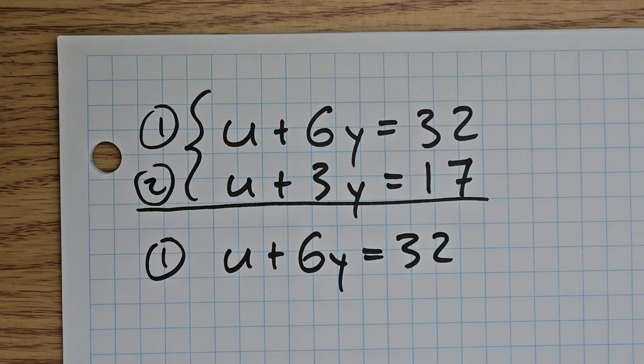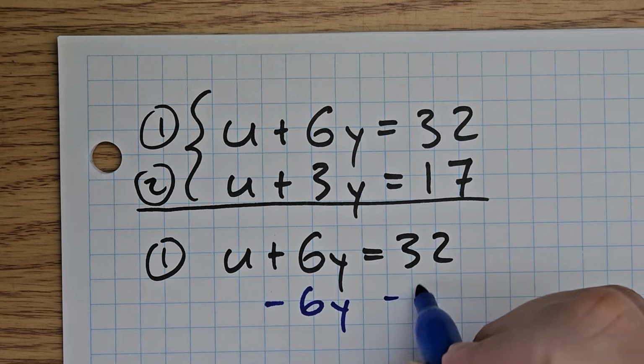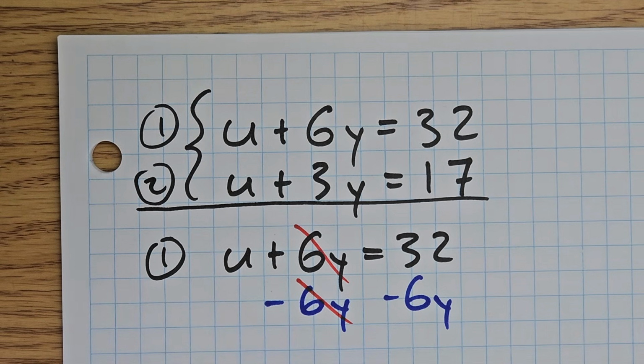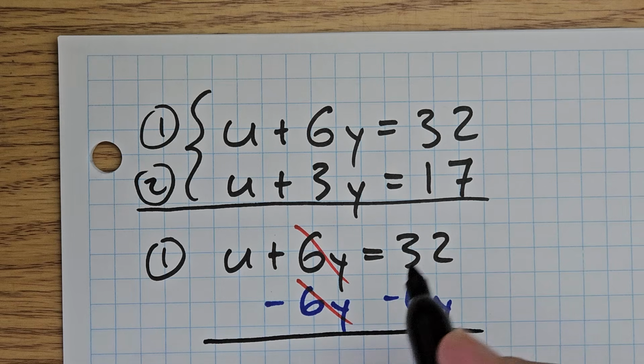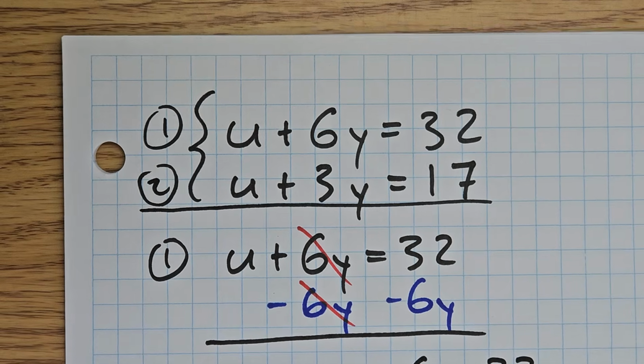I'm going to choose to isolate u because it already has a coefficient of 1. So I'm going to subtract 6y from both sides, moving that term to the right side of the equation, and that gives me u equals negative 6y plus 32.